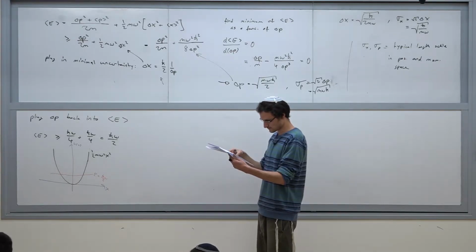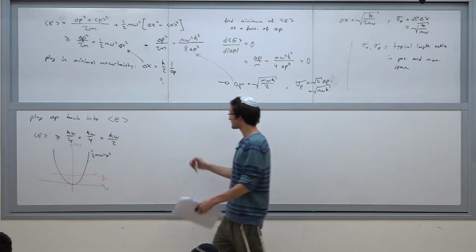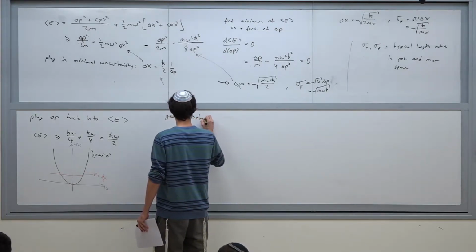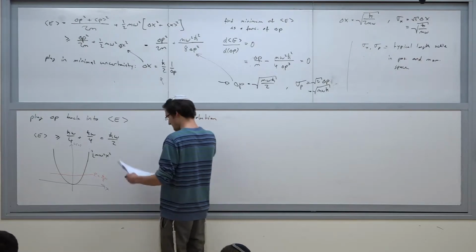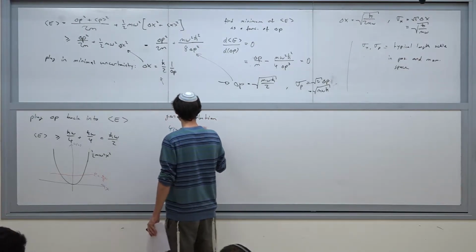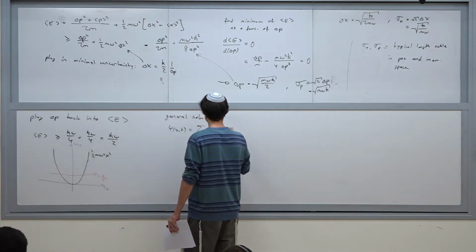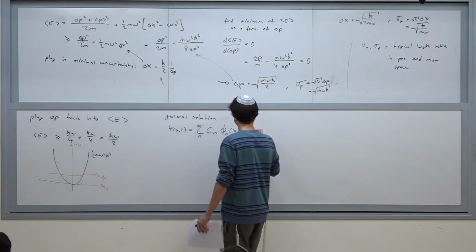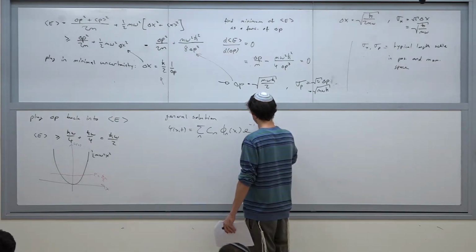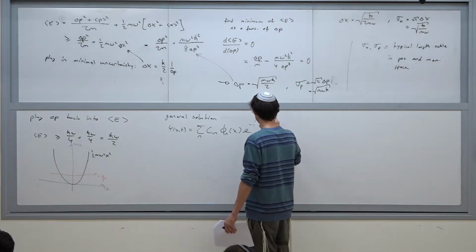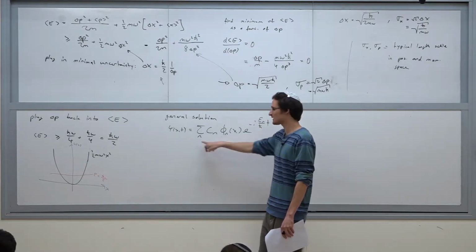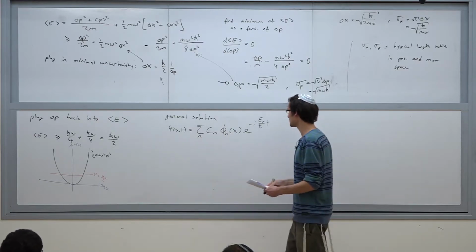We know that the general solution, I'm just repeating stuff you know already, is an infinite sum over the eigenstates. Because it's a well, we're expecting discrete eigenstates, which is why it's a sum, not an integral. So we know that already.